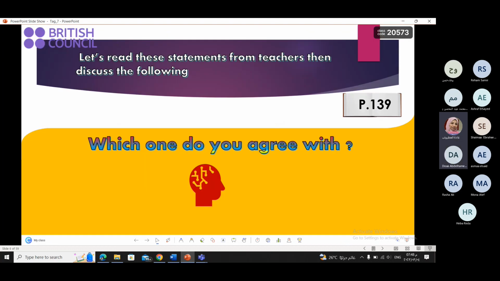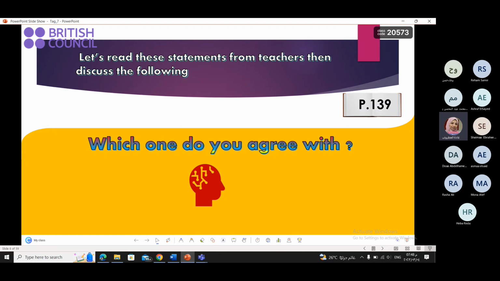Okay. So in your book on page 139, we have some statements. These statements are said by teachers about pronunciation and about pronunciation lessons. I would like you to go through these sentences and tell me if you agree with them or not. Which one do you agree with and which one you don't agree with?